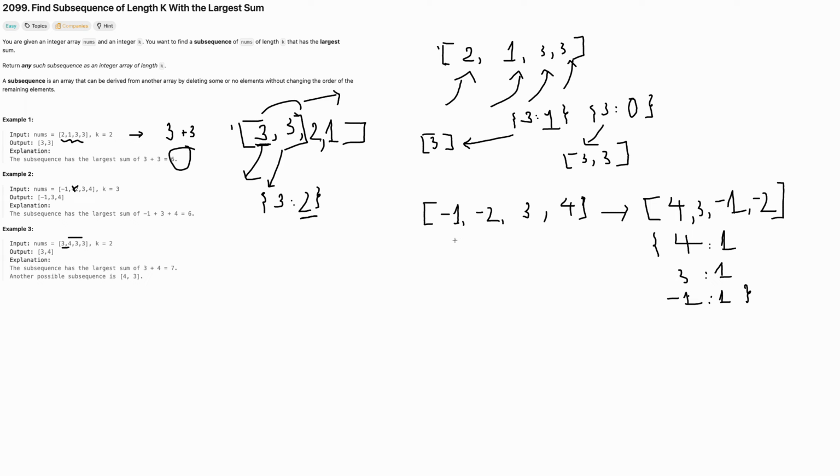Okay, so for now we visit the first element, and then the first element is in the hash map, right? We will update the hash map by reducing it: 4 is 1, 3 is 1, and -1 is 0. So we will add this element into the return array.